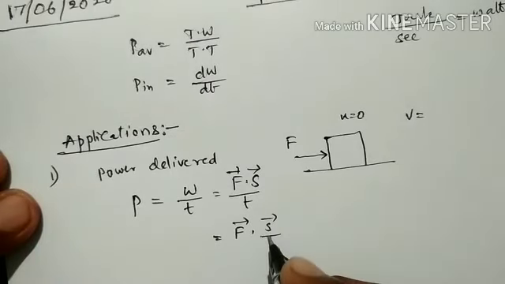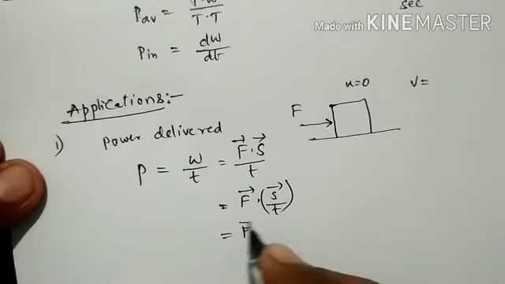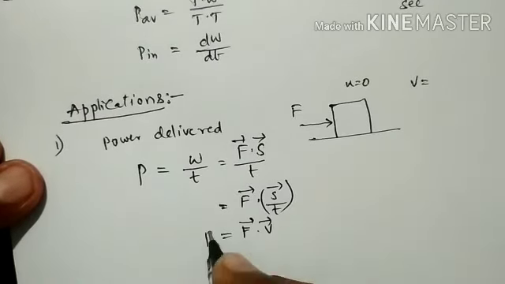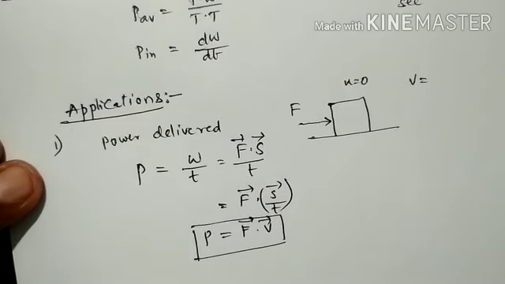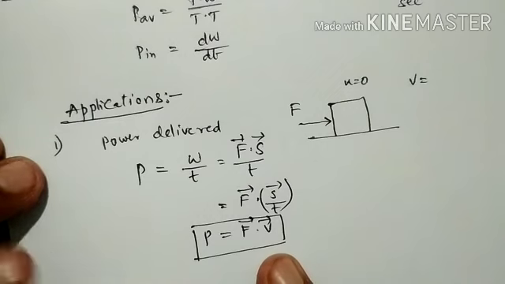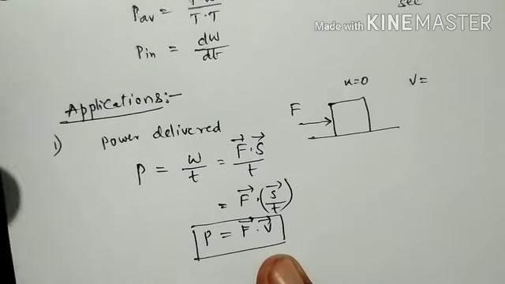You can take it as S bar by t, which is nothing but equal to F bar dot V bar. Power P is a scalar quantity because it is a dot product of two vectors. So the power delivered by the agent onto the object is given as F bar dot V bar. Whenever in a problem the force is given and the velocity acquired by the object is given, you are able to calculate the power delivered by the agent to the object.